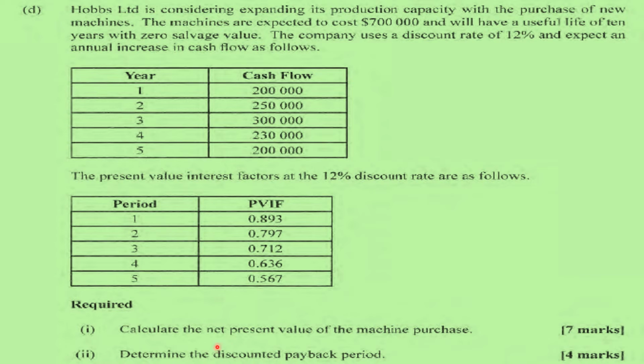The NPV is usually on the cash flow, so you can use these figures here. You will disregard the depreciation. If we had net income here, you would have to calculate the depreciation and add it back. But let's get right into it.